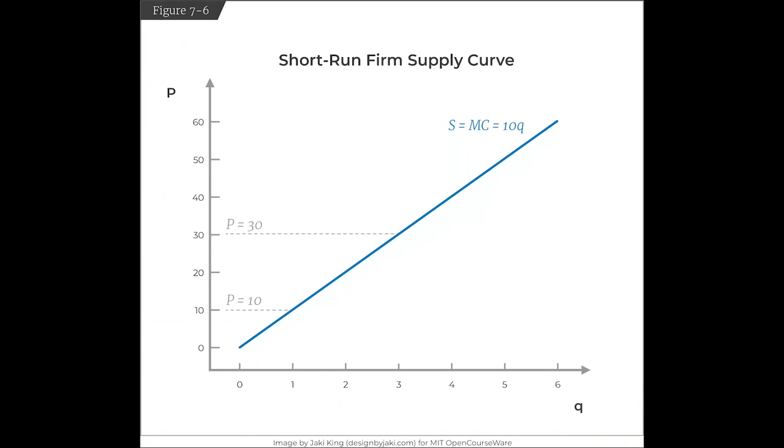So all you need to know to derive what a firm's supply curve looks like is what its marginal cost curve looks like. And you're done. Literally, you take production plus input prices, and that gives you the cost function. Take the derivative of the cost function with respect to quantity, that gives you the marginal cost function.